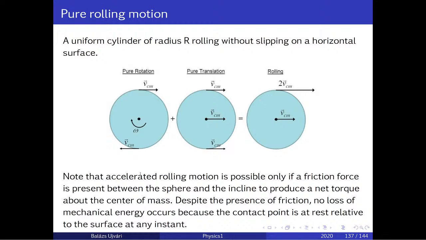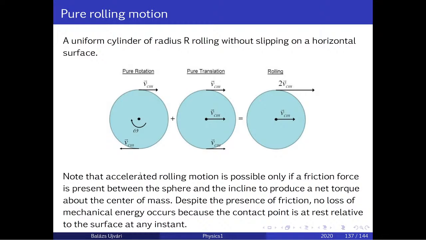For the incline example, we said if the friction is high enough, the body won't move. In this case, if the friction is large enough, there will be pure rolling, and if the friction is not enough, that will be non-pure rolling.